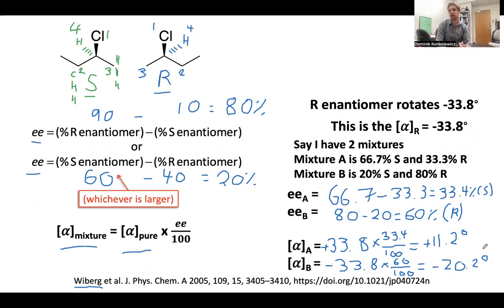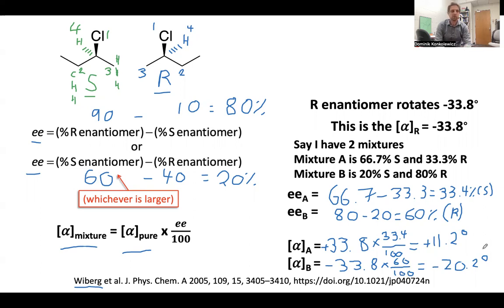Mixture B, the R enantiomer is in excess, so we expect a negative direction of rotation. But again, because we have some S in there, we don't rotate all the way that we would for a pure R enantiomer. Instead, we rotate 6/10, or about 60% of it, so 20 degrees. We have a 60% enantiomeric excess.